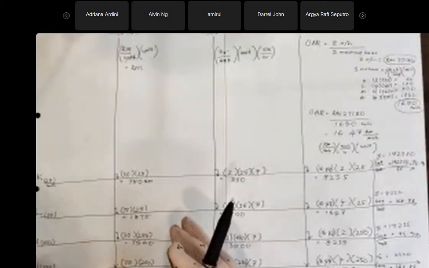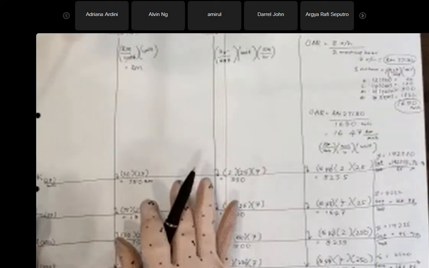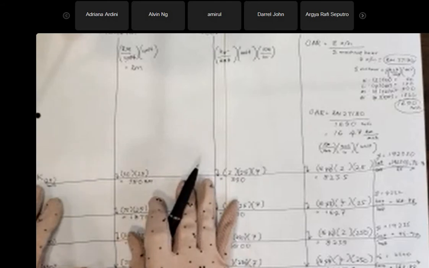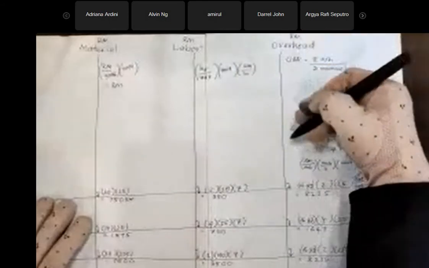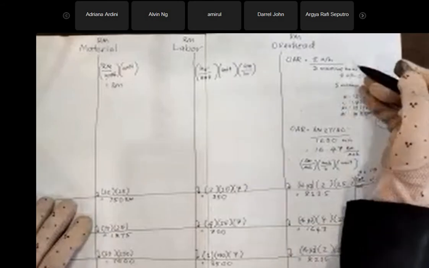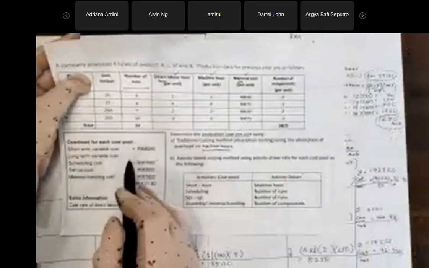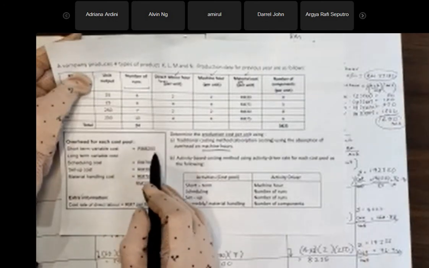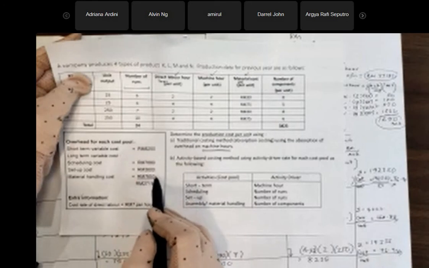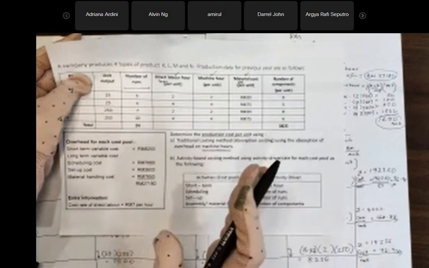After this, in our next class, we will have activity-based costing. That means here you have to split one by one. What we did earlier was all combined, but now you have to make it one by one, to make it fair.